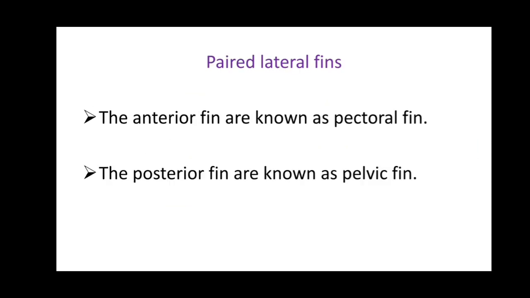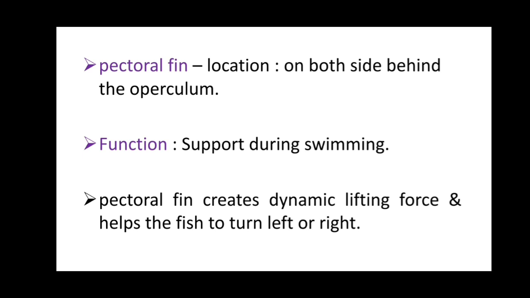The paired fins are of two types, the pectoral fin and the pelvic fin. The pelvic fins are also known as posterior fins, and the pectoral fins are also known as anterior fins. The pectoral fins are located on both sides behind the operculum, which is the covering of the gills.